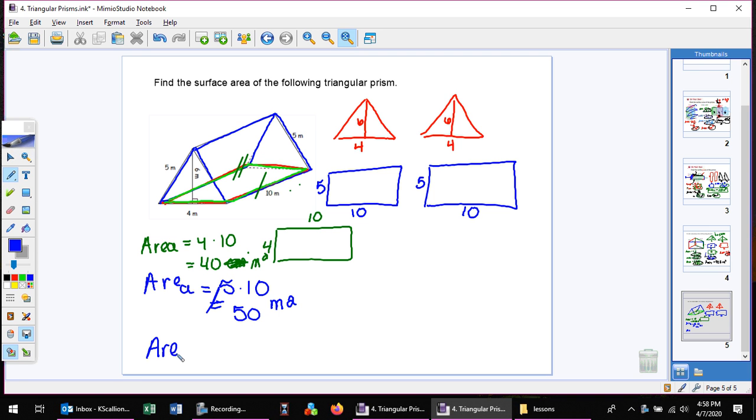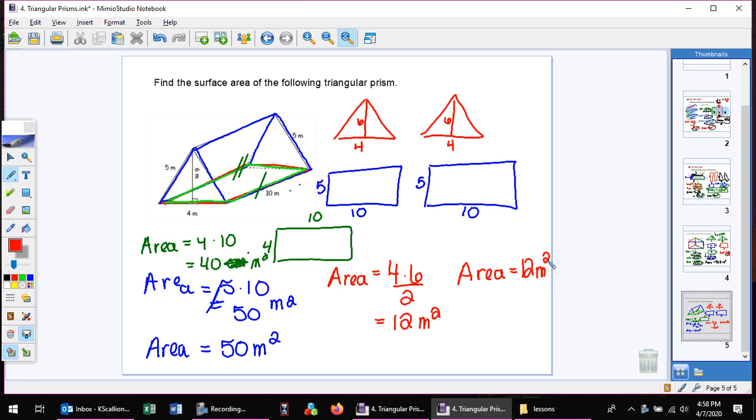I don't know what's going on with my pen, but we have 2 of those. So all I need to do is make sure I count for the second one. I don't need to multiply those again. And now I've got 2 red triangles. The area for those, remember triangles, is base times height divided by 2. That's the formula. So 24 divided by 2 is 12 meters squared, and I have 2 of those. So the area is 12 meters squared.